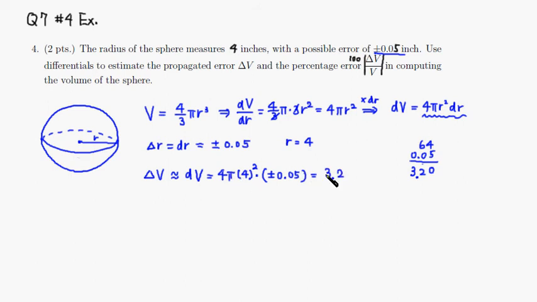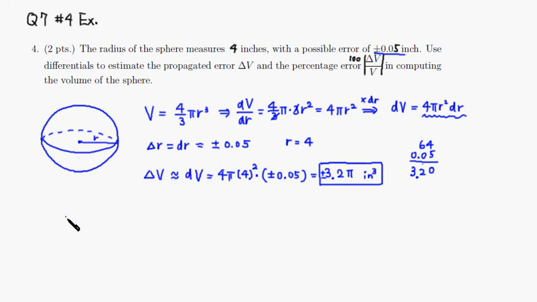Then you have pi there, so 3.2 pi cubic inches, because we're talking about volume. Of course, you need to have plus or minus. So that's the estimate for delta V.